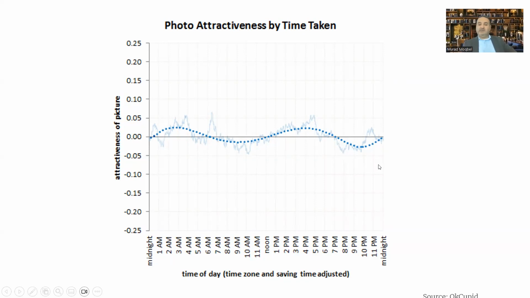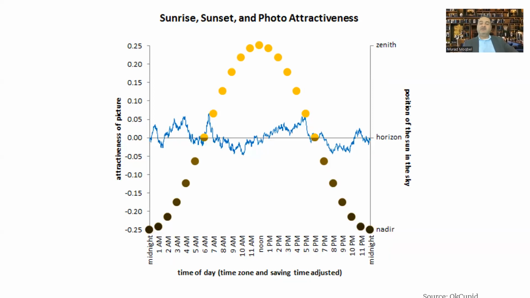So let's have a look at also in comparison in this graph, how beautifully it shows the sun location and also the ranges or the attractiveness of those pictures. So as you can see, the best time to take pictures to be attractive is when the sun is at its horizon.